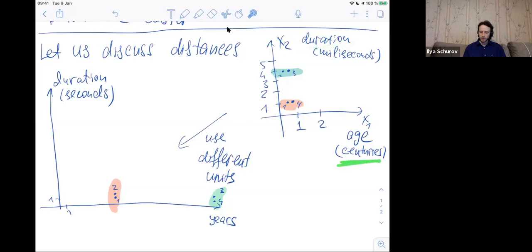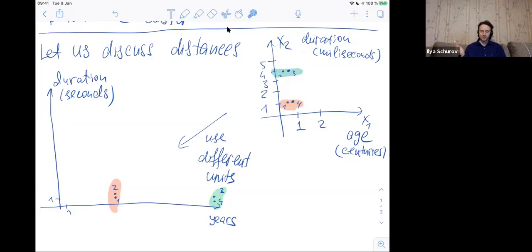And we measure age in centuries, so even people whose ages are, for example, 50 years and 100 years, look to be very close to each other.